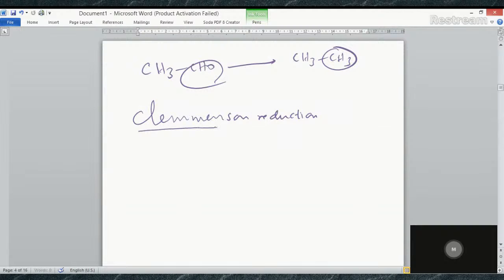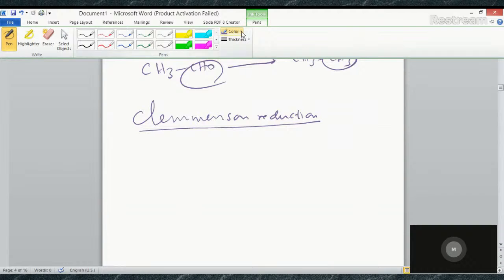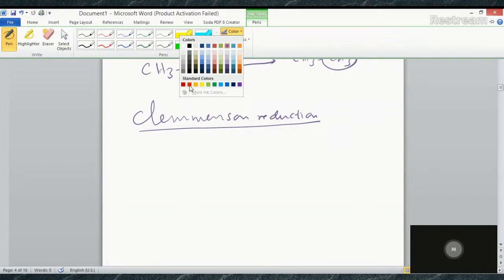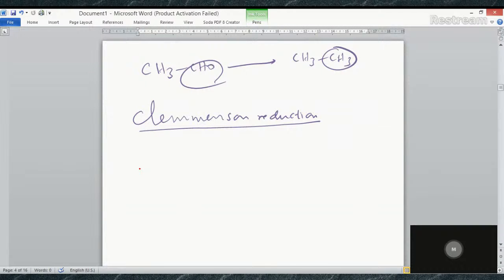The first reaction is the Clemmensen reduction reaction. During the Clemmensen reduction, what is going to happen? We start with an aldehyde or ketone. I have taken this aldehyde. The name of this aldehyde is acetaldehyde.